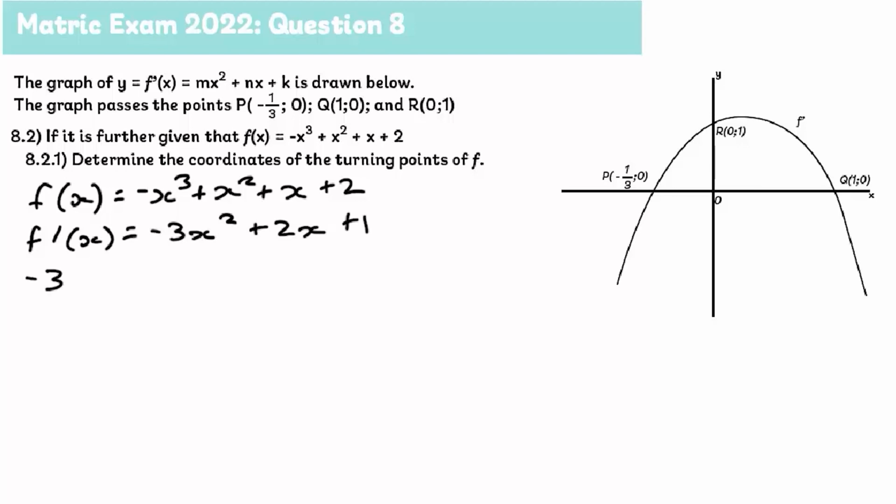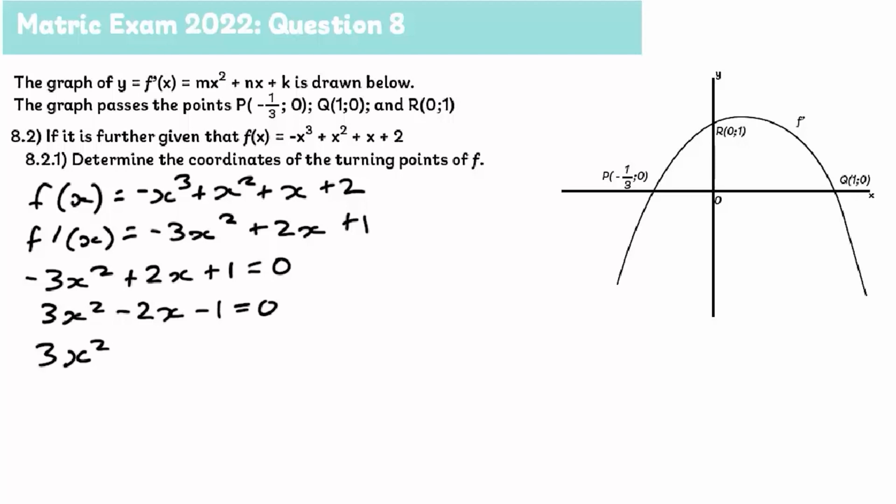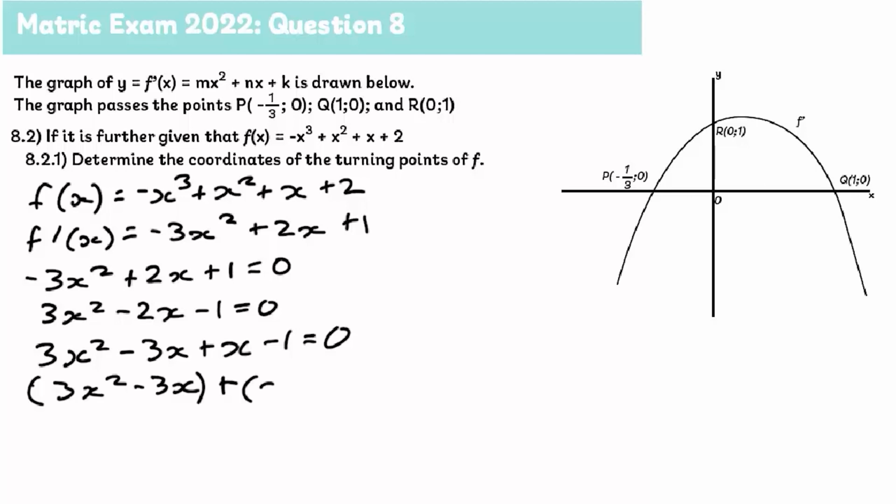So minus 3x squared plus 2x plus 1 will equal 0. Get rid of the minus: 3x squared minus 2x minus 1 equals 0. Figure out what x is. Let's factorize. That'll be 3x squared minus 3x plus x minus 1 equals 0. Group and take out a common factor, which is 3x.